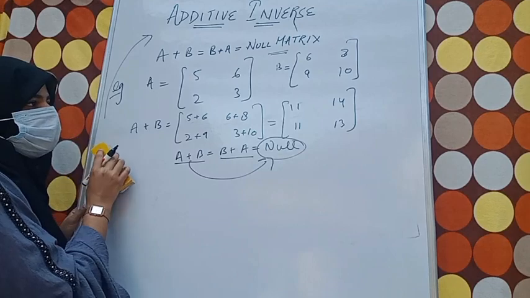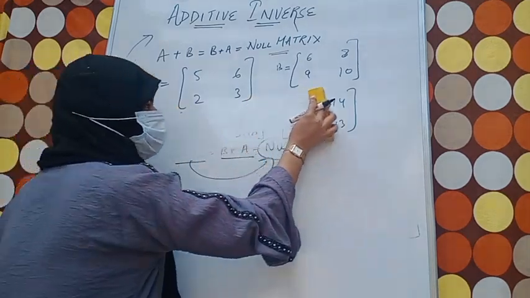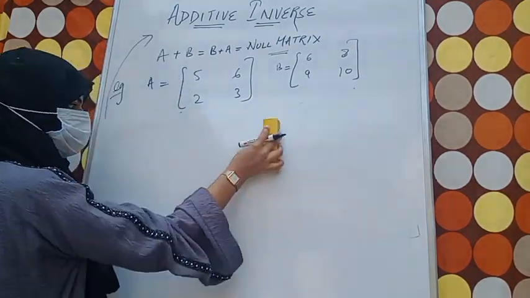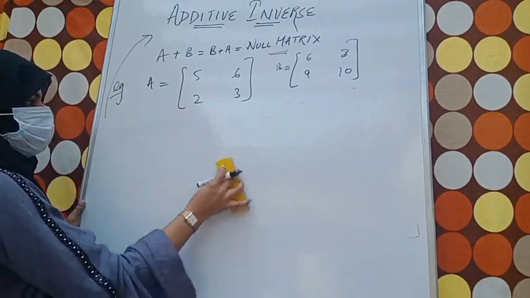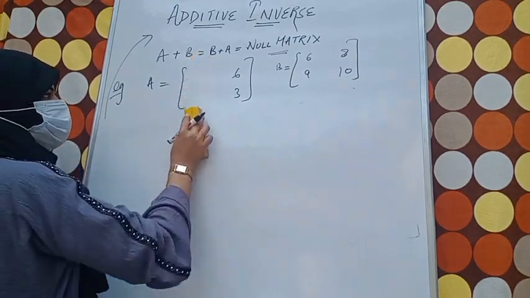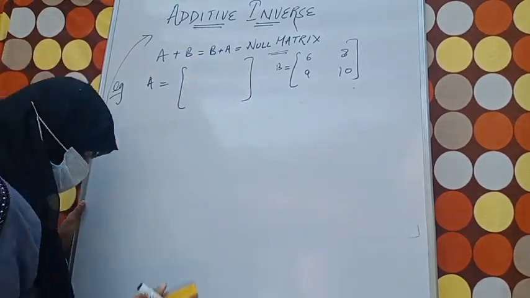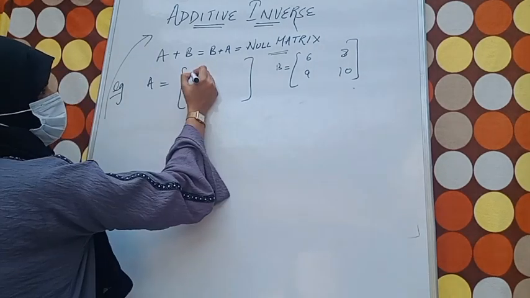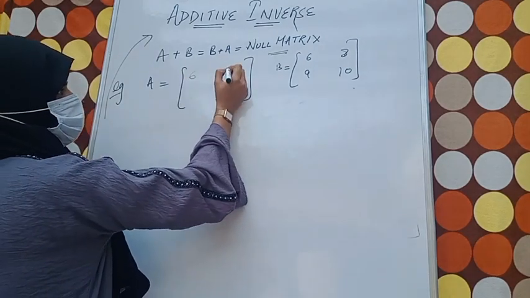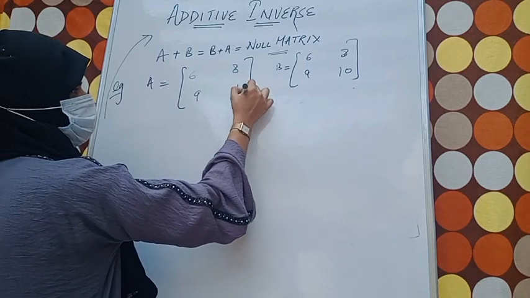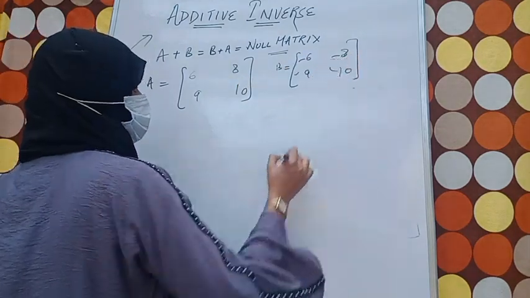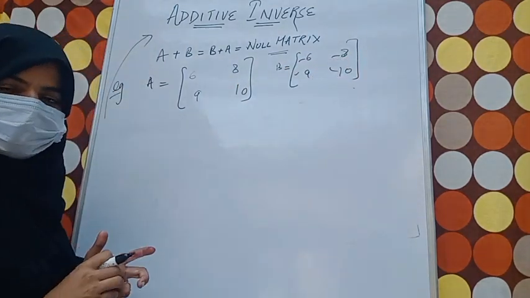Now what else can we do? Suppose the matrices are different. Getting my point?